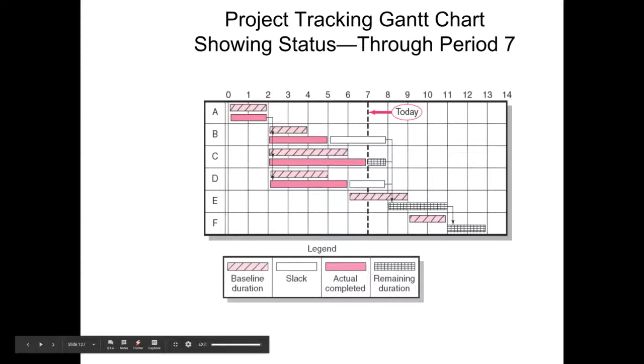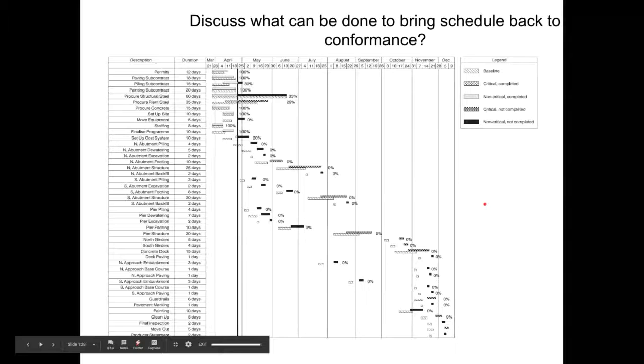So you can see activity E has a finish to start relationship with the preceding activity, and activity F has a finish to start relationship. You can see the baseline duration of this project was 11 weeks, but by end of period, we are now moving to a 13 week project.